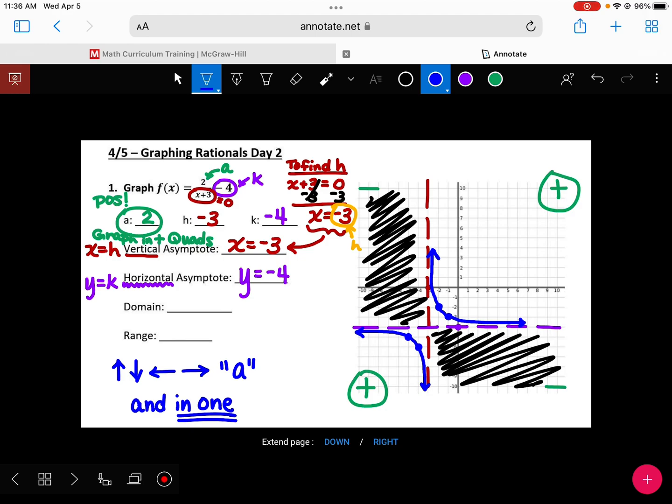All right. The last thing they asked me to do was what? What's the only pieces we haven't filled in? Domain and range. Domain is talking about the x's or the y's? The x's.